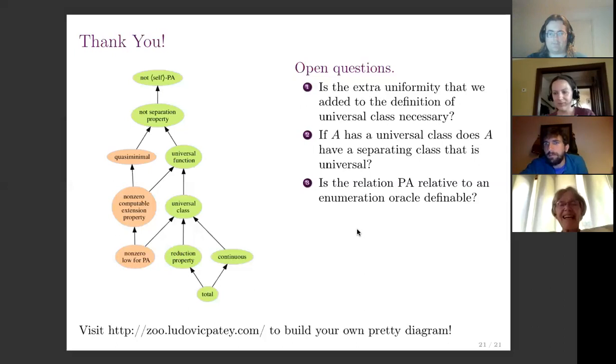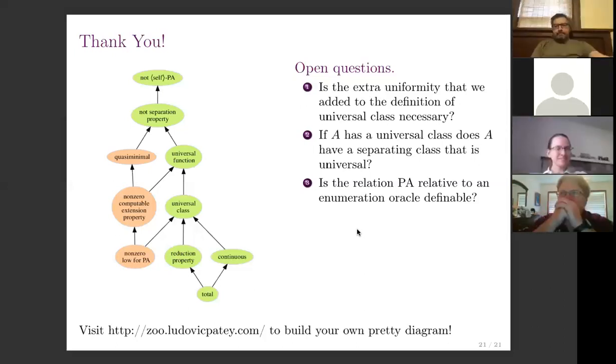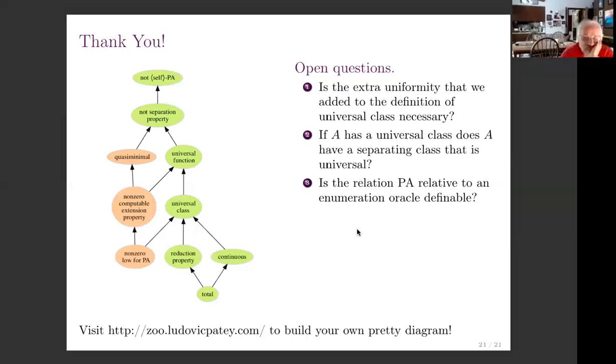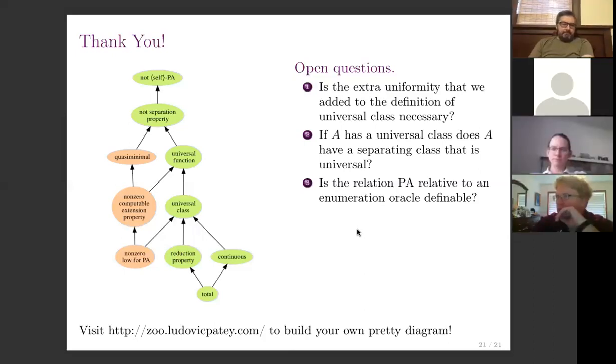Maybe again, I'm still struck by getting universality from looking for separators with that strong property that you had, which does look like the setting of completions of PA. They're the same degrees, they're recursively isomorphic to the separators for effectively inseparable pairs.